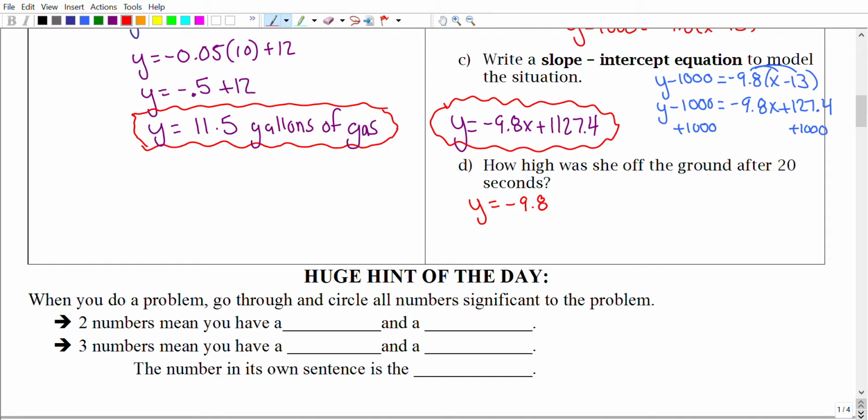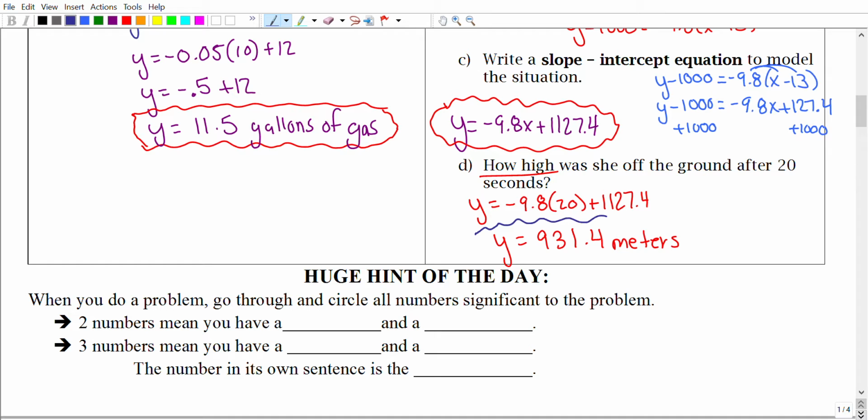So it's y equals negative 9.8 parentheses 20 plus 1,127.4. If we multiply that out and add the 1,127.4, you should get a final answer of 931.4, and then this, we want to know how high, and we were talking about meters.